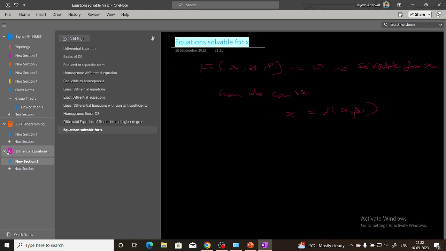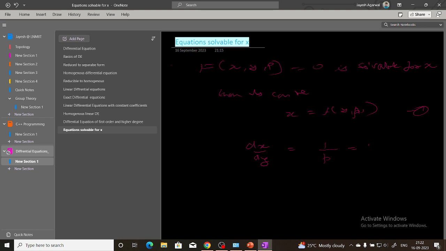Now differentiating with respect to y, the first equation, it is dx by dy equal to what, 1 upon p, because it is the reciprocal of dy by dx, right?